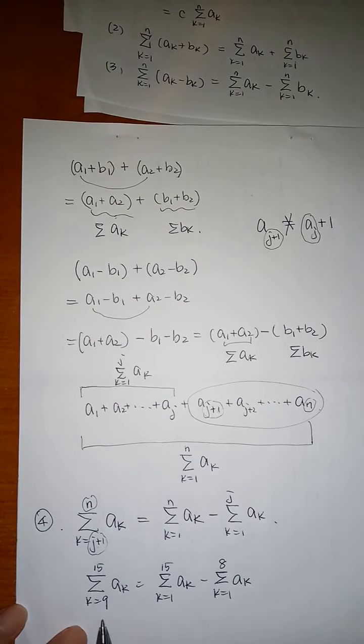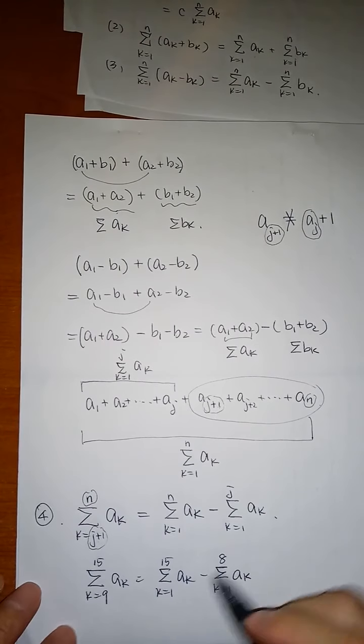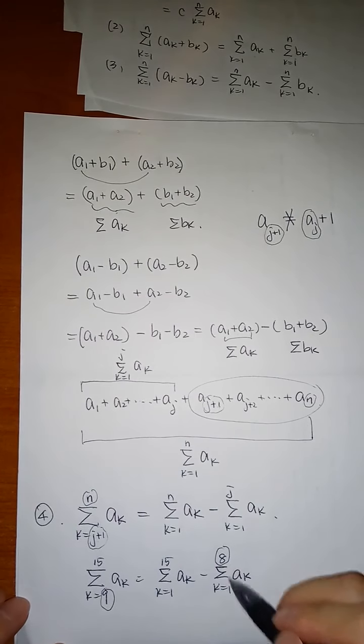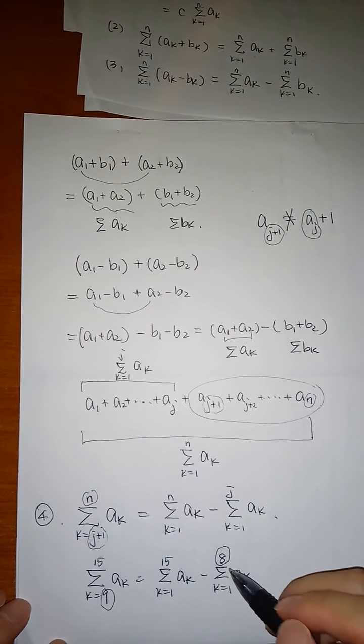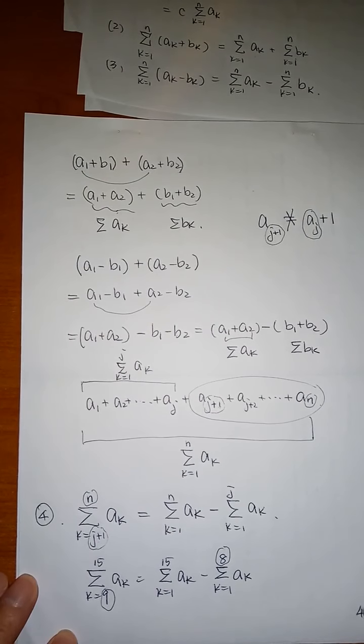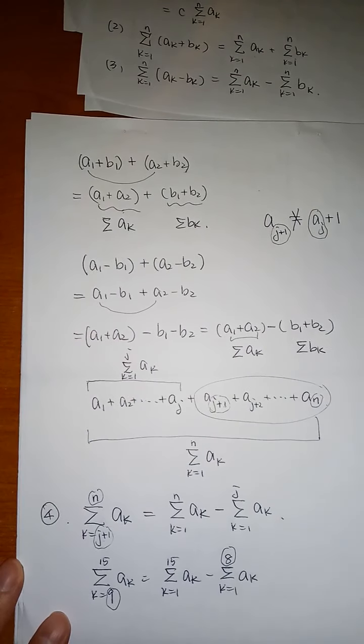You miss 8 terms: A1, A2 up to A8. Just be careful, here is a shift of the index. It's not from 1 to 9, it's from 1 to 8.